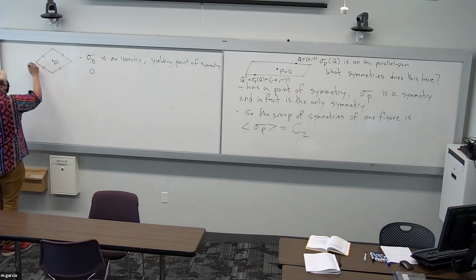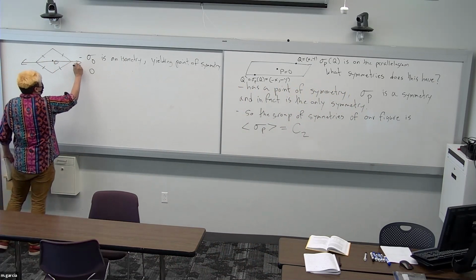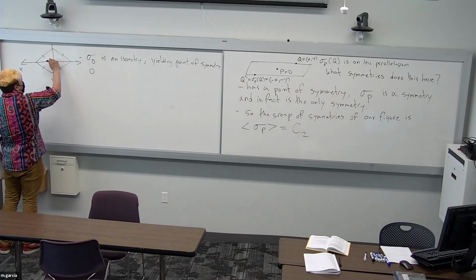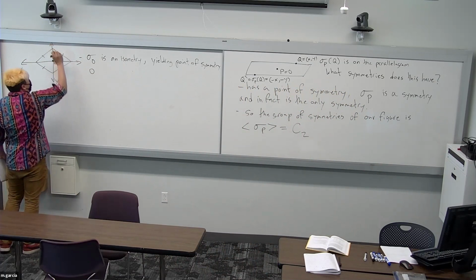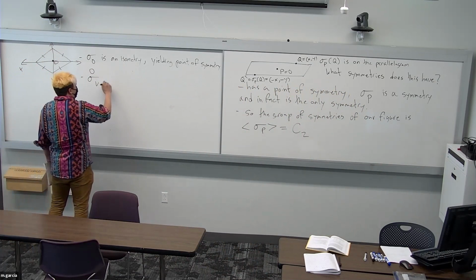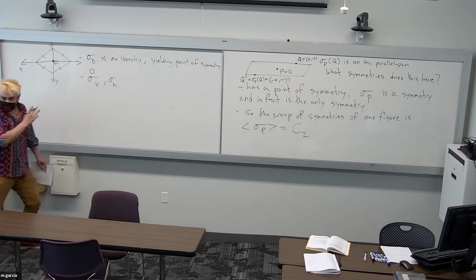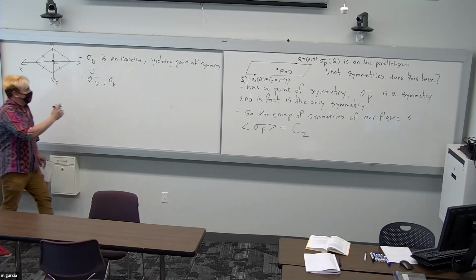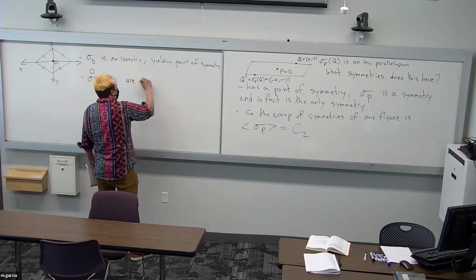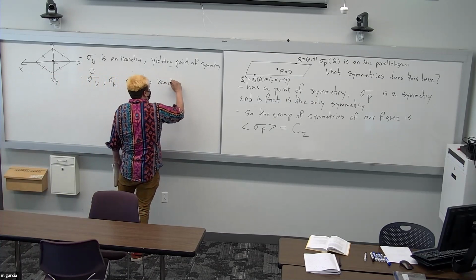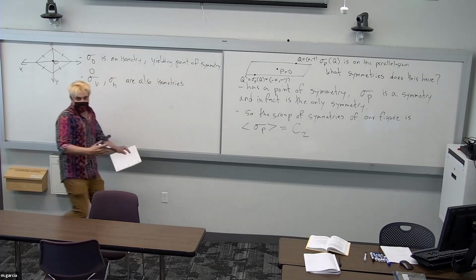So if this is the origin, let's just say we have the x-axis and the y-axis, then sigma sub v and sigma sub h are familiar notation for reflection about the x-axis and y-axis respectively, are also isometries. Is there anything else?